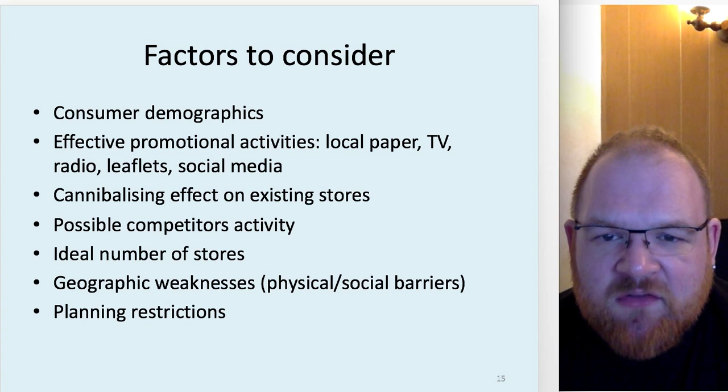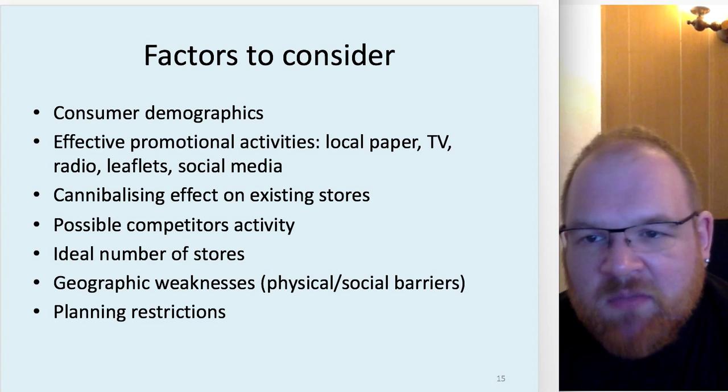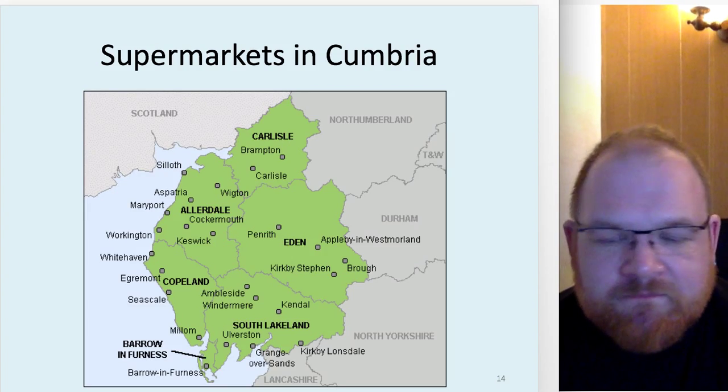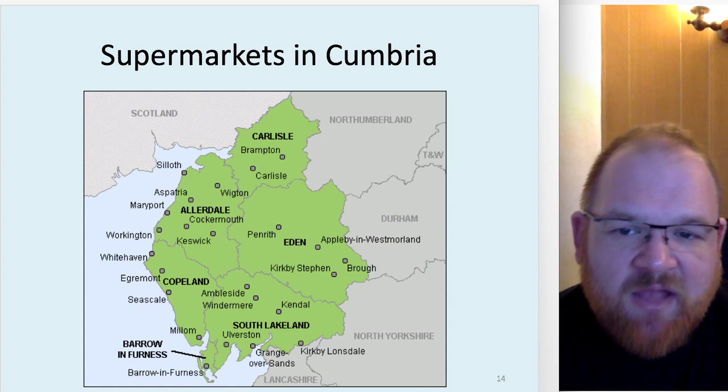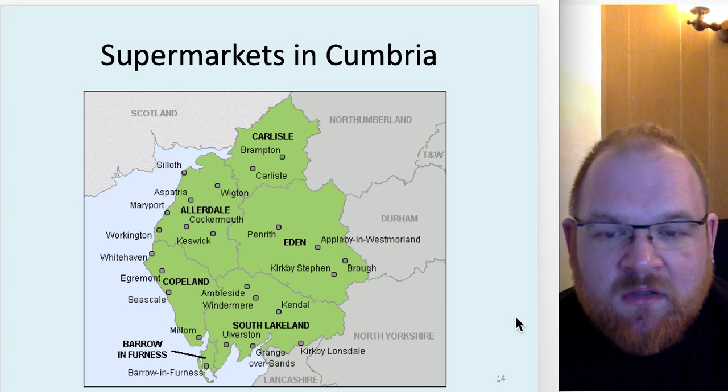Again, the factors to consider, I just want to go back to these for the moment and just think about geographical weakness within that. So when placing a store, if we imagine Cumbria, it seems a fairly good thing to imagine as it's, well, next door.